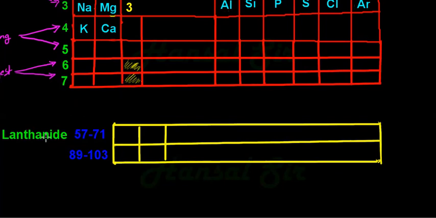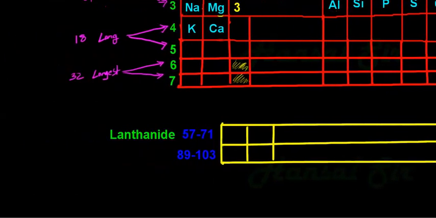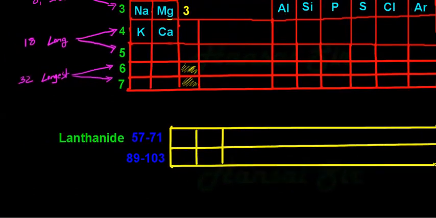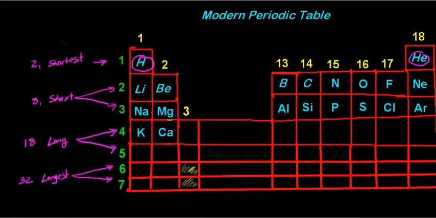These are known as the lanthanides and the actinides, which are not included in the periodic table over here because they will distort the whole periodic table. So we always draw the lanthanides and the actinides at the bottom of the periodic table. Everyone clear? Okay, so this is just the basics about the modern periodic table.